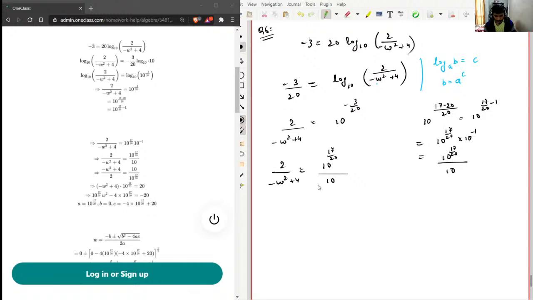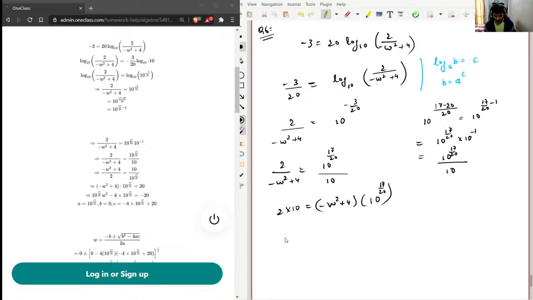So 2 with 10 and this term with this term. So it will become 2 into 10 equal to minus w square plus 4, 10 power 17 over 20, and this will become 20. And I'll just write this equation.